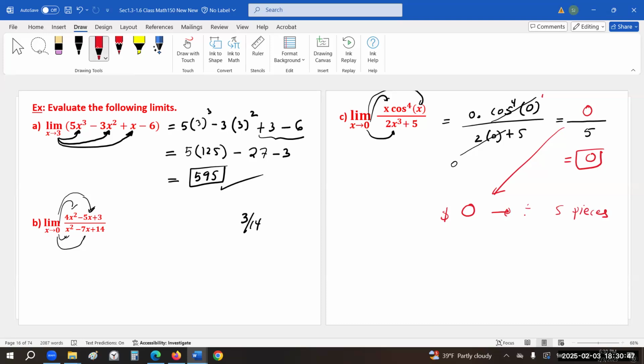It will be undefined when you have a number on the top but 0 on the bottom. For example, if you have 5 over 0, it means you have 5 candies. 1, 2, 3, 4, 5. You have 5 candies, divide them into 0 pieces, which is impossible.